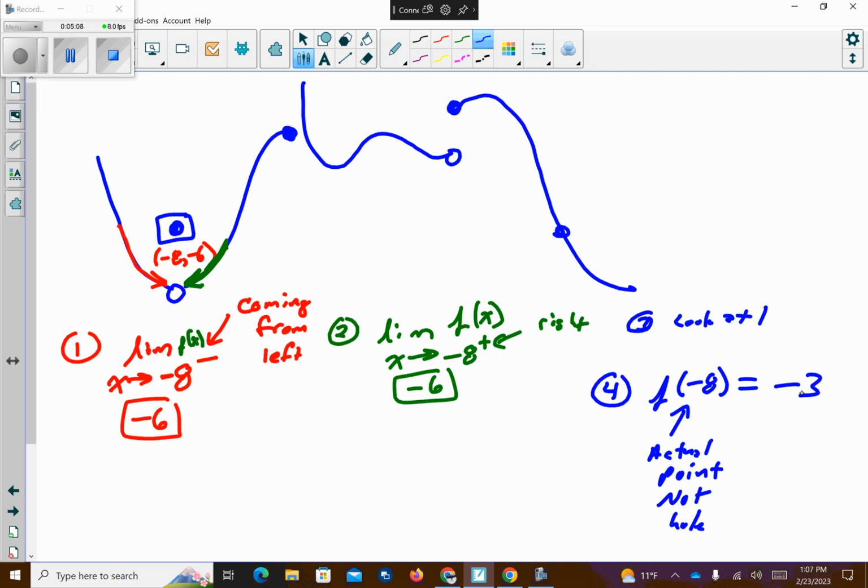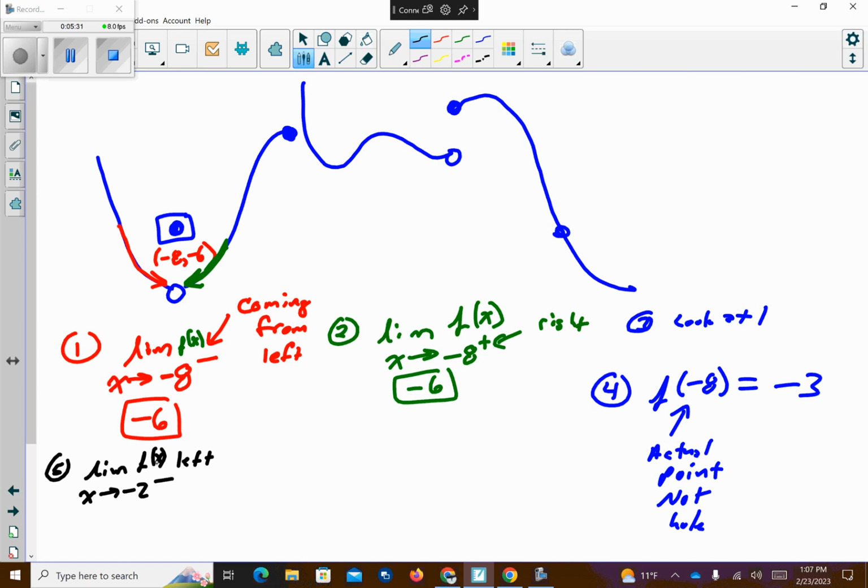All right, we good so far there? What did we go up to? Did we go up to 6? Yeah. Okay. So number 5, we're going to do the limit as x goes to -2 from the left of f of x.